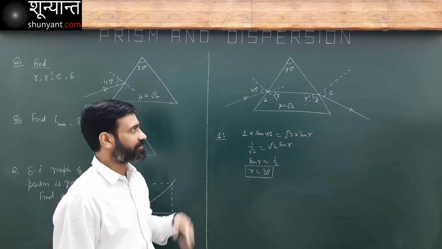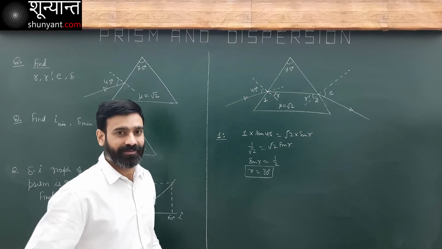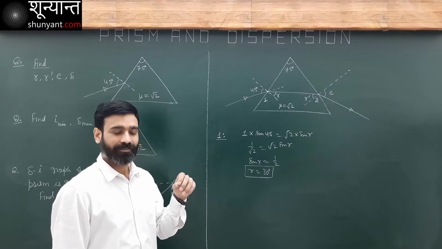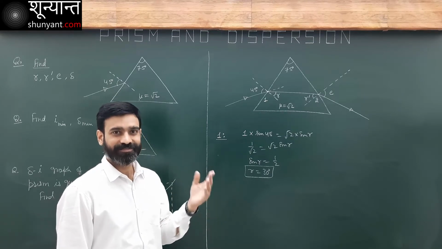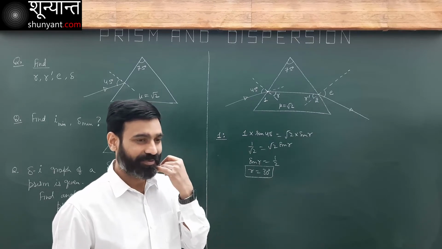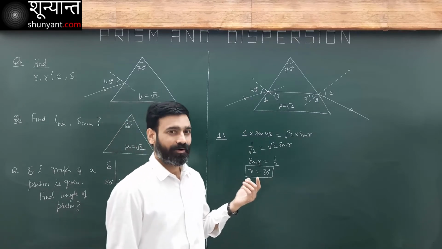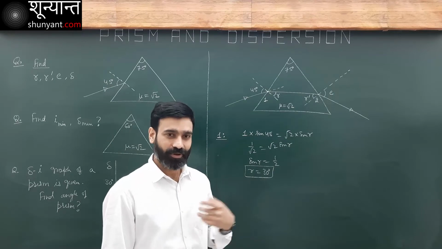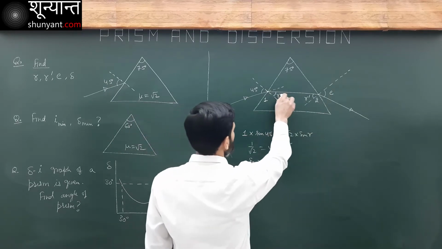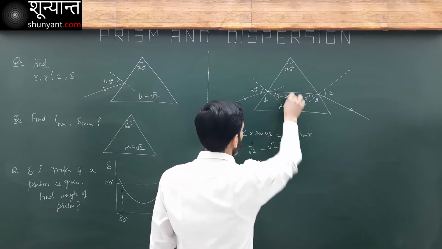What will be R dash? I can find R dash either by remembering the formula of prism, those certain relations between different angles, or just in case I forgot it, then also I can do it. This is 30 degree, this is 30.